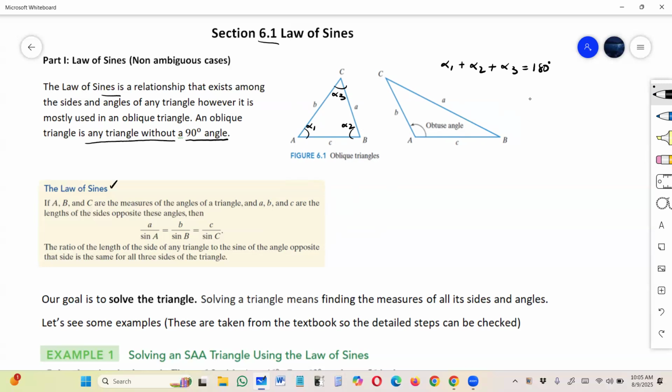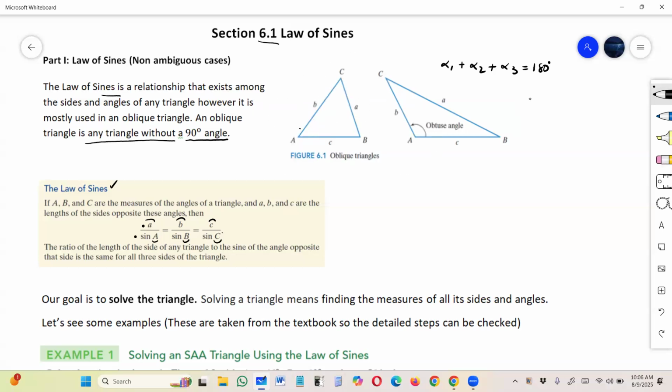The law of sines is very simple. It has to do with the ratio of a side over the sine of that angle. So a over sine of angle A is equal to b over sine of angle B, which is equal to c over sine of angle C. It doesn't matter which triangle you look at.